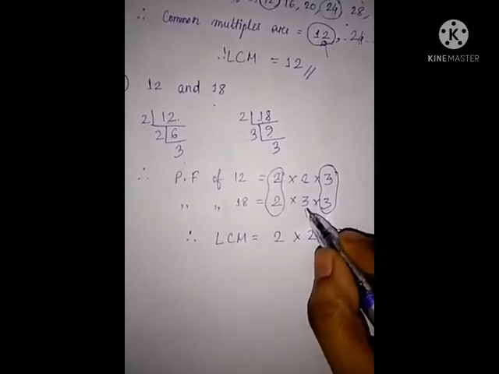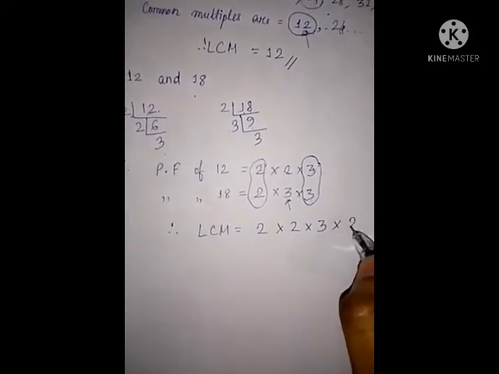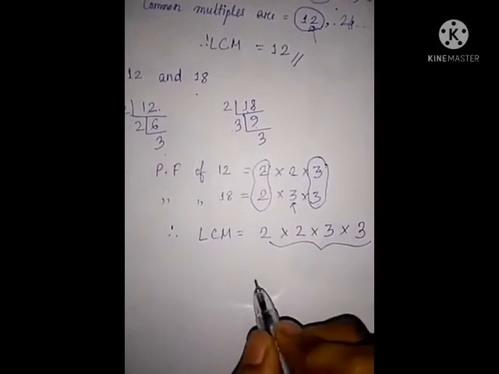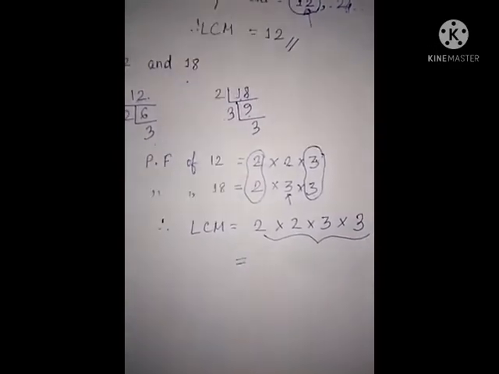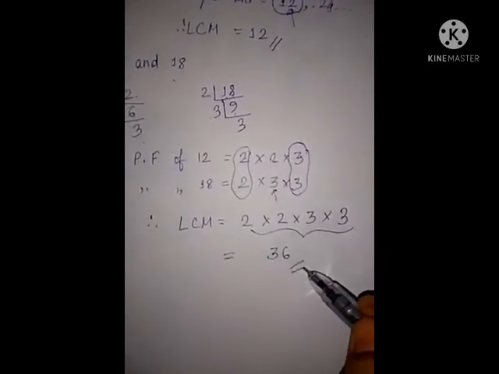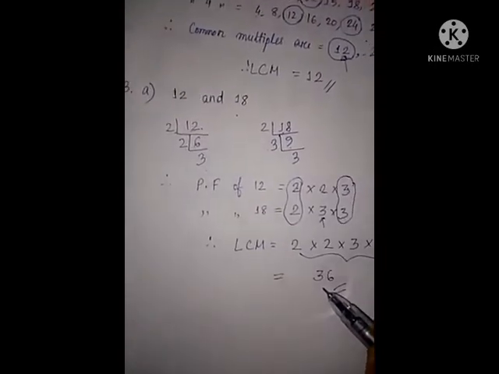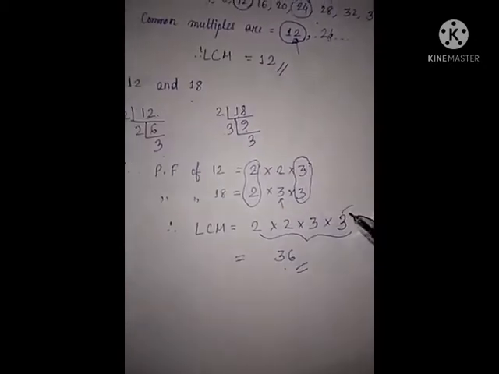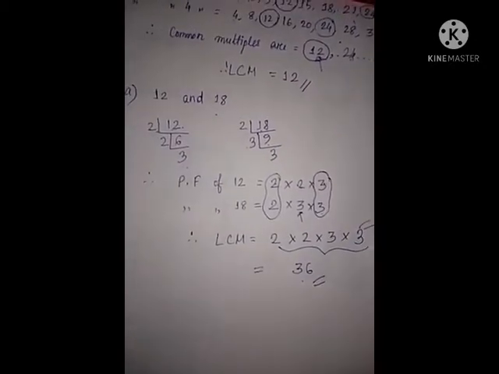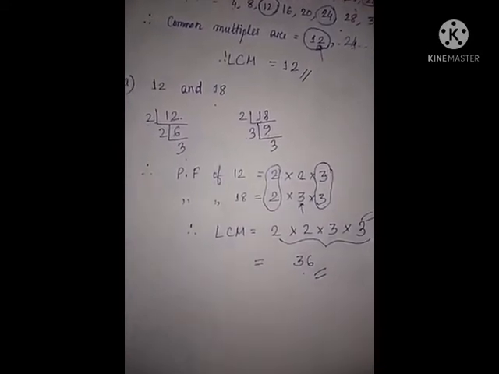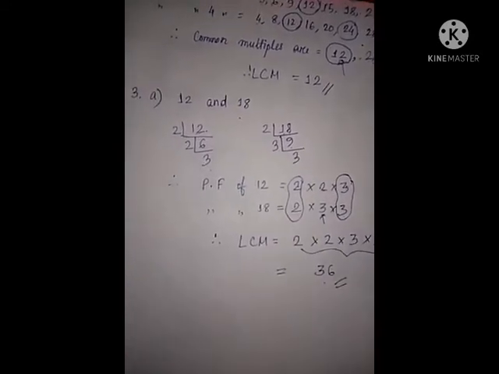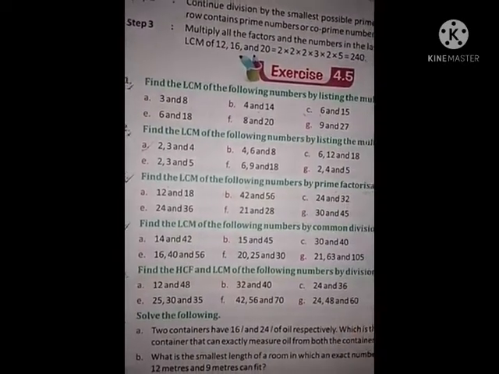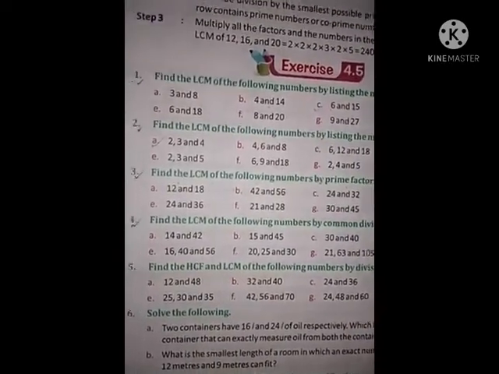Again, these are the rest of the prime numbers. So after multiplying all this, I have got 36. So 36 is the LCM of 12 and 18. Okay, so that is how we can use the prime factorization method to find out LCM of any numbers. Understand? So like this, do the others. Okay, these are your homework.